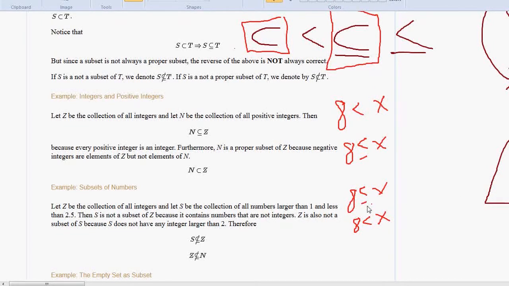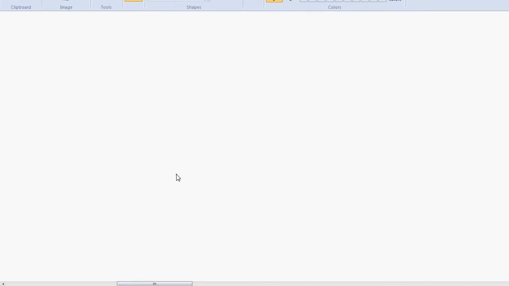Let Z, so we have a set called Z, be the collection of all the integers, and N is the collection of all the positive integers. So the interesting thing about this is that both sets are infinite, right? There's an infinite number of integers. And then we have all the positive integers.